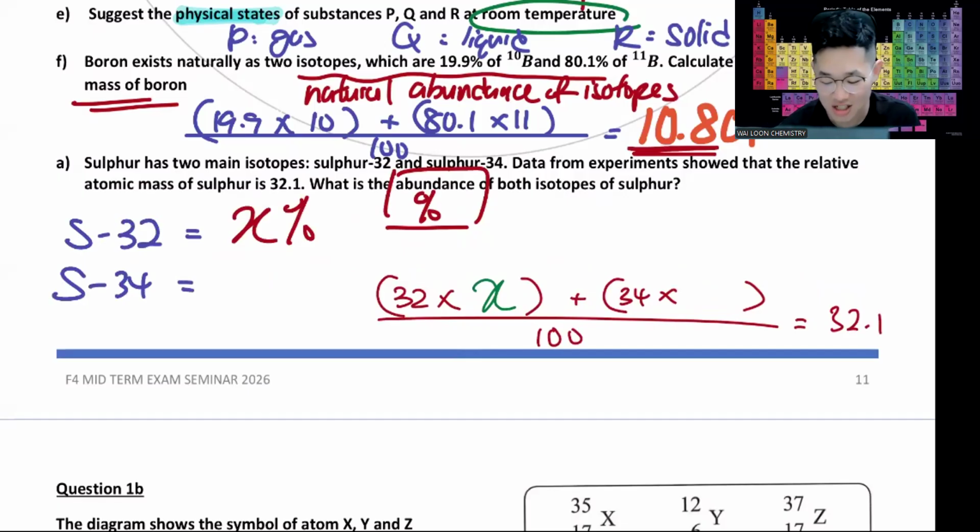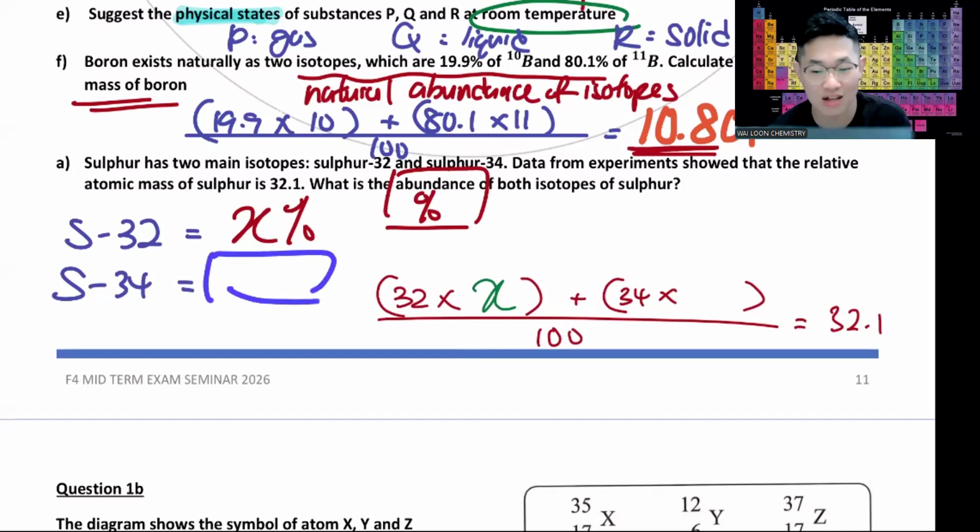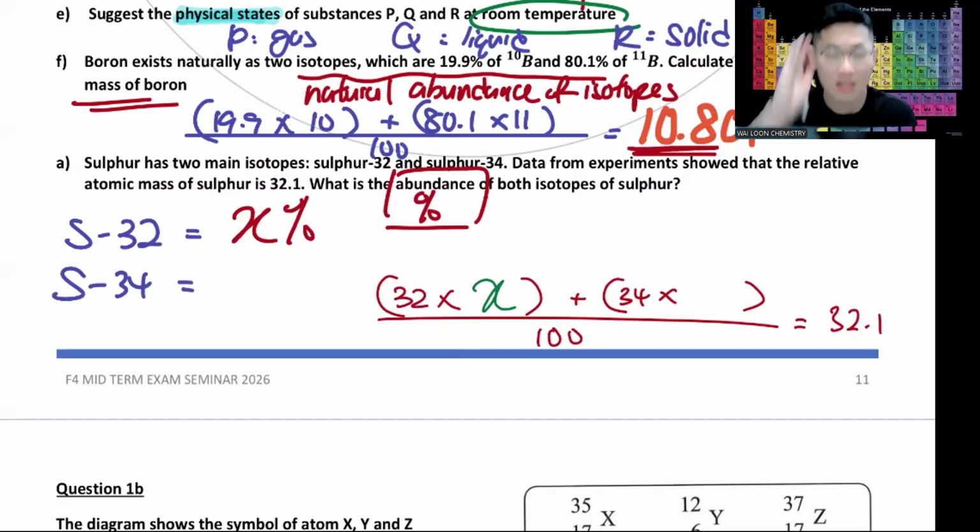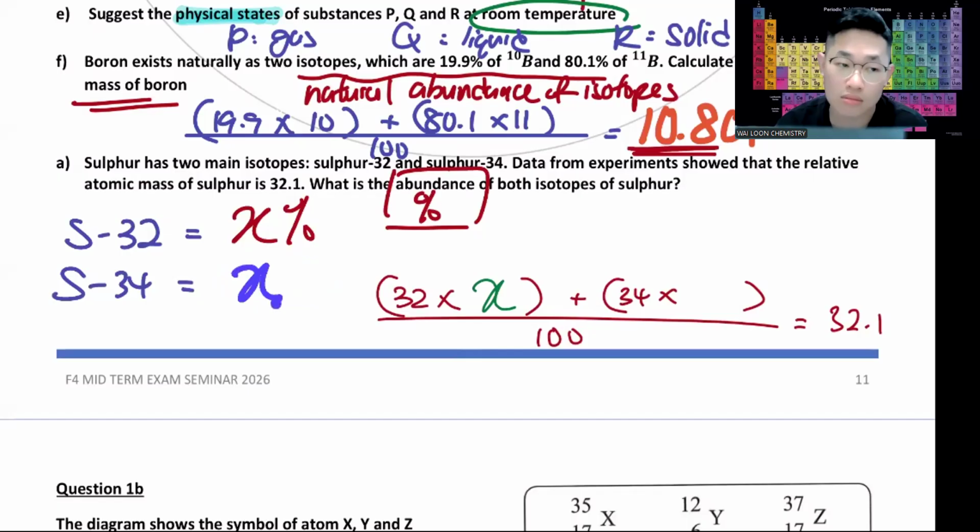Xinyi, what should we put here? What's the unknown? Beatrix, very good. Okay, here, we cannot put X, guys. If both are X, it means their percentage is the same, but the percentages are supposed to be different, right?